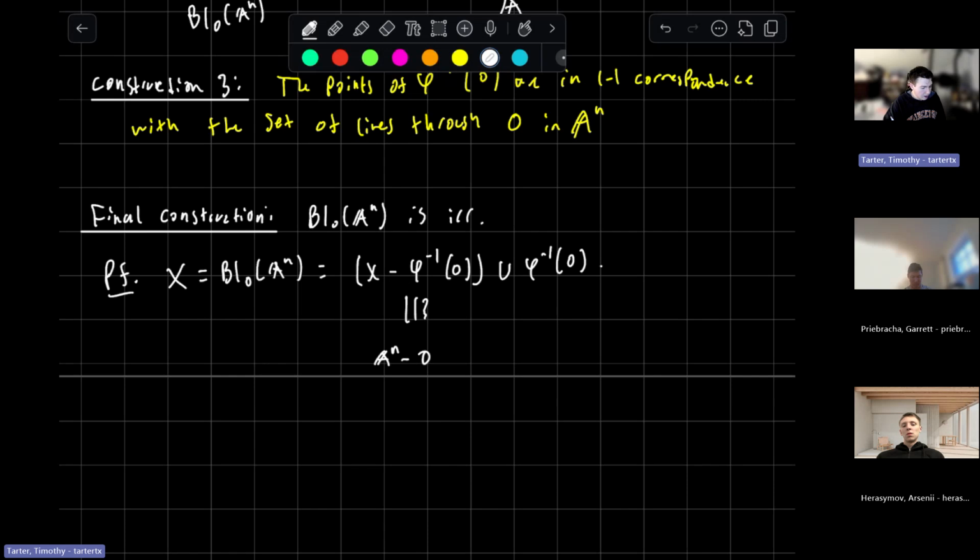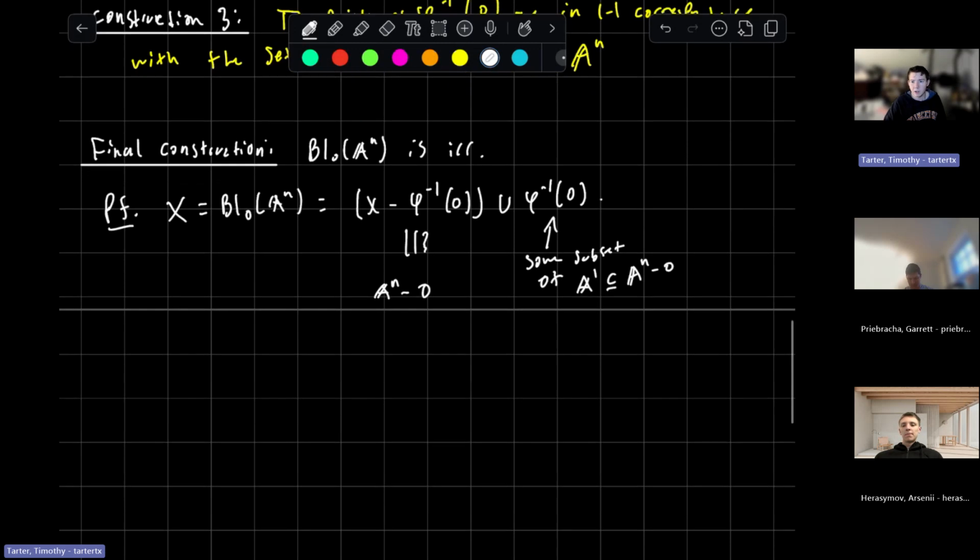And then this is not dense. This is some subset of A1 contained in An minus 0 by our covering theorem.